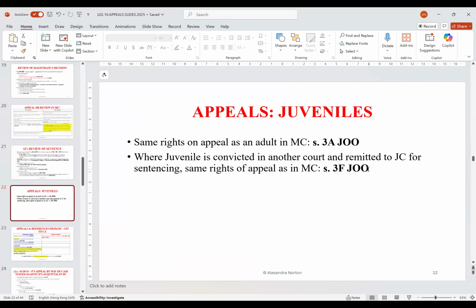Remember that a juvenile could be convicted by another court if it is, say, an indictable offense and they are alleged to have committed this offense with an adult. The juvenile could be tried in the district court or in the CFI, for example.